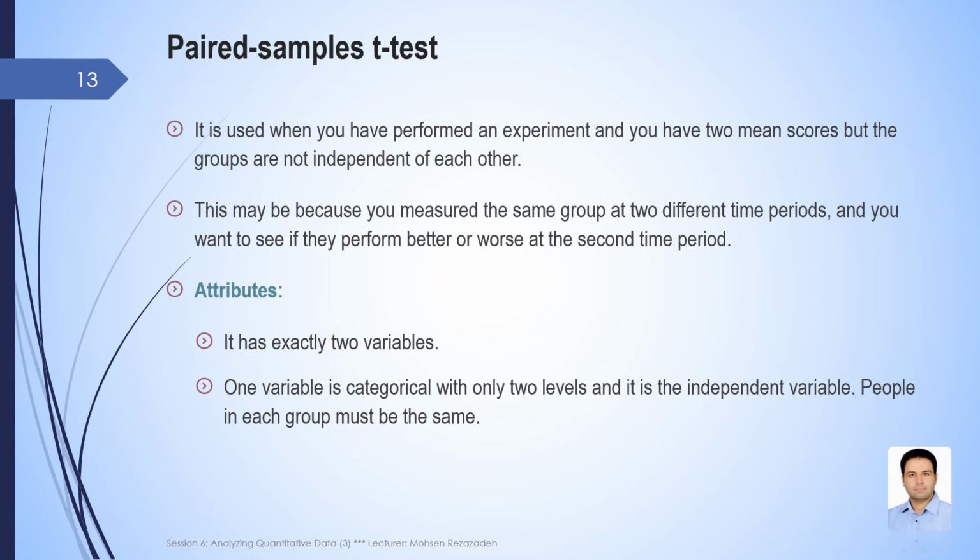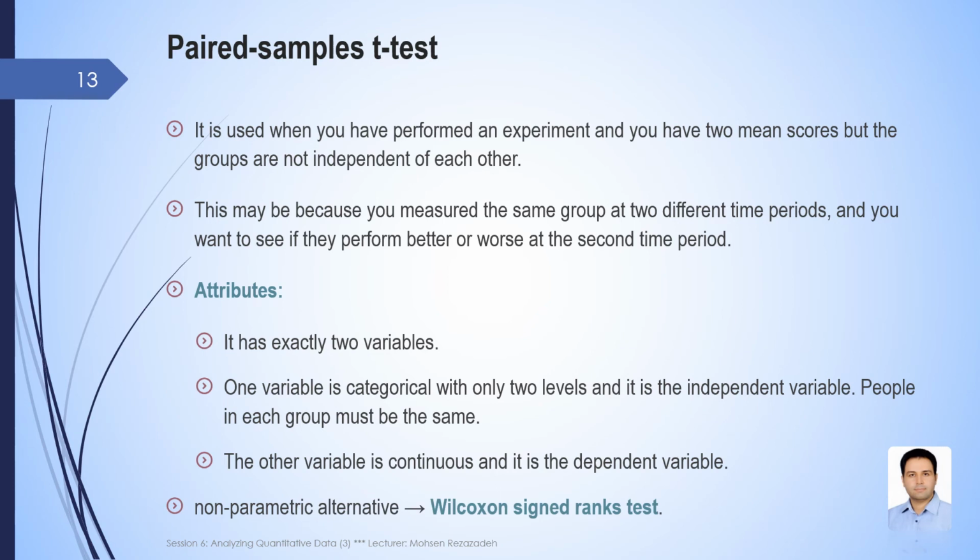In the independent samples t-test, people in each group were independent, but here they are the same. And the other variable is continuous, and it is the dependent variable. The non-parametric alternative of paired samples t-test is Wilcoxon signed ranks test.